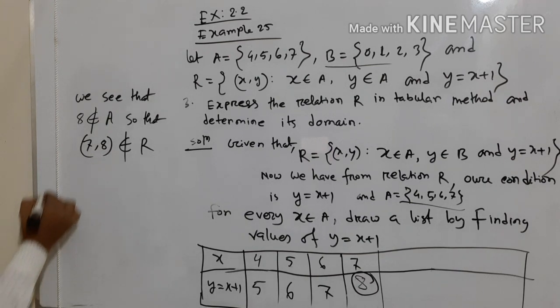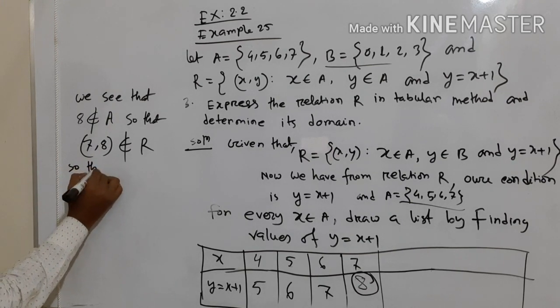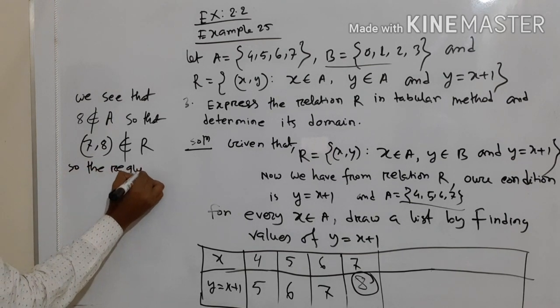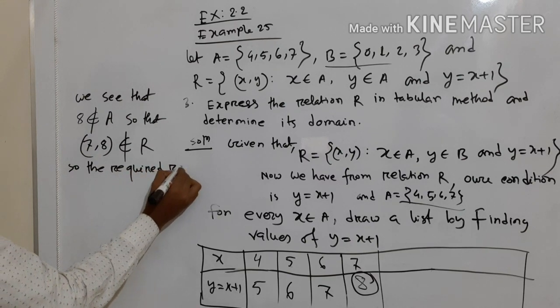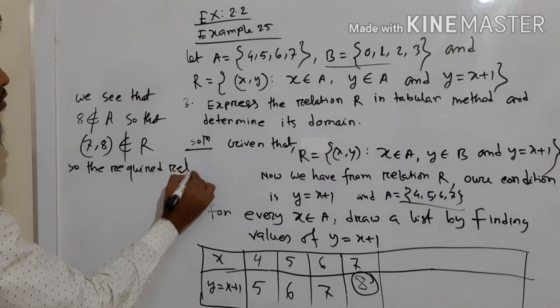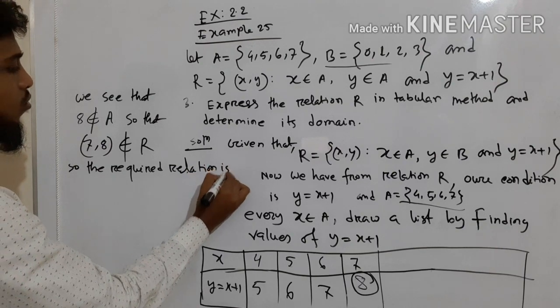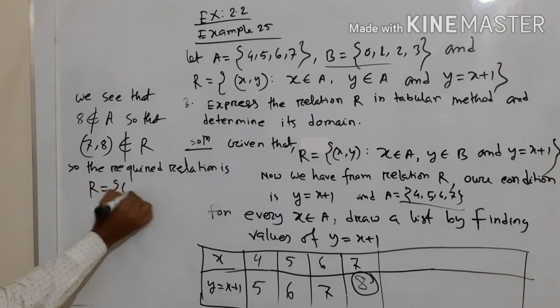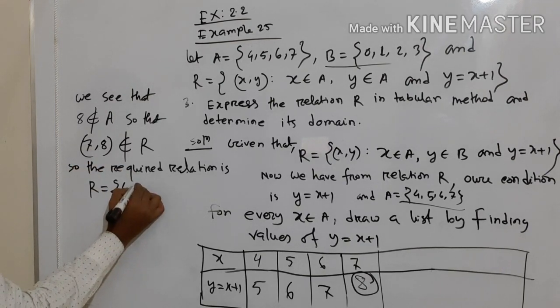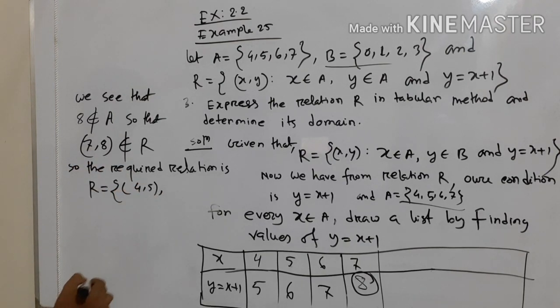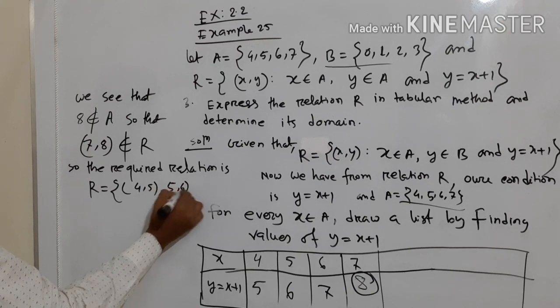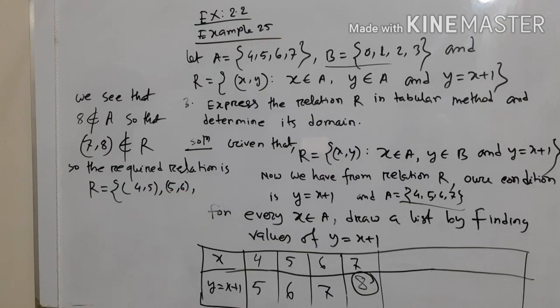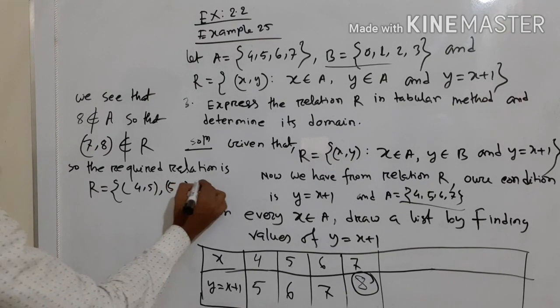So our required relation is R equal to {4, 5, 6, 7}.